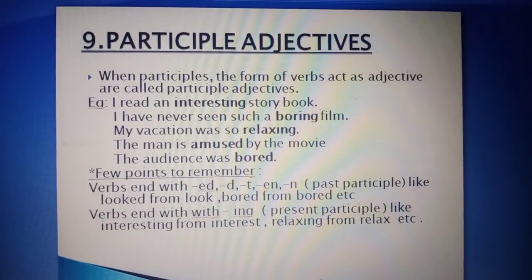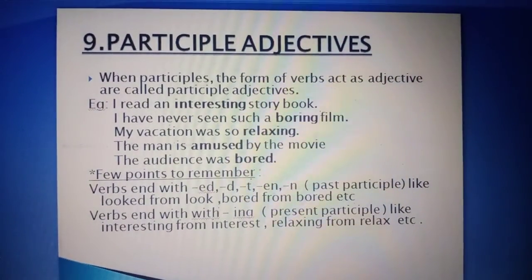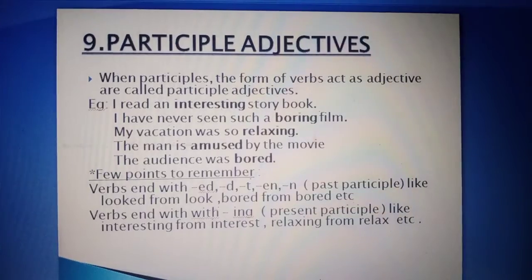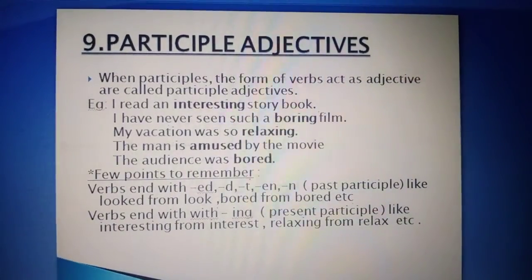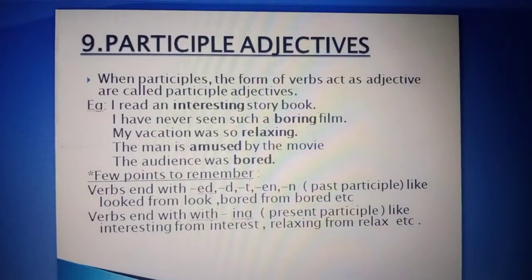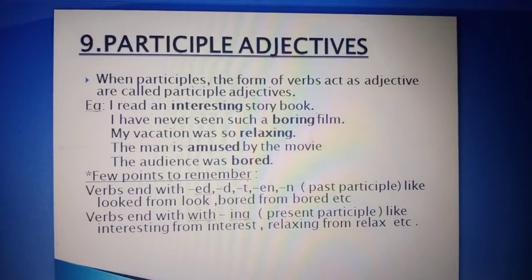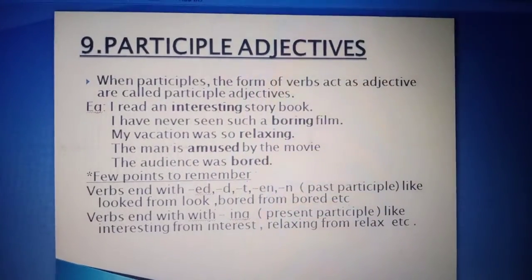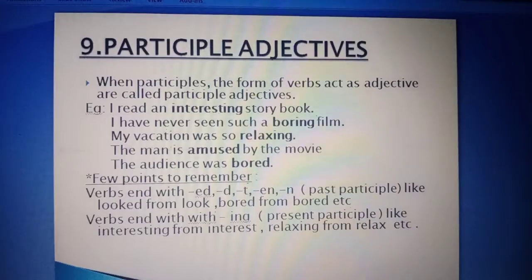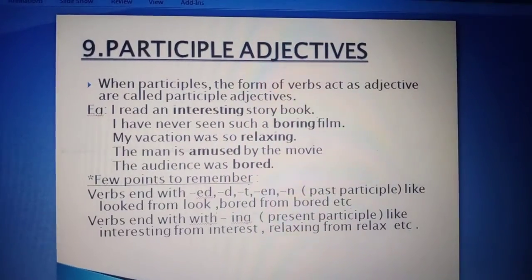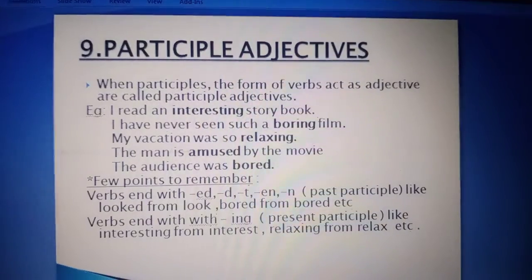All the words which are bold, interesting, boring, relaxing, amused, and bored, they all are the examples of participle adjectives because here past participle and present participle are acting as adjectives. Present participle like interesting, boring, relaxing, and past participle like amused and bored.